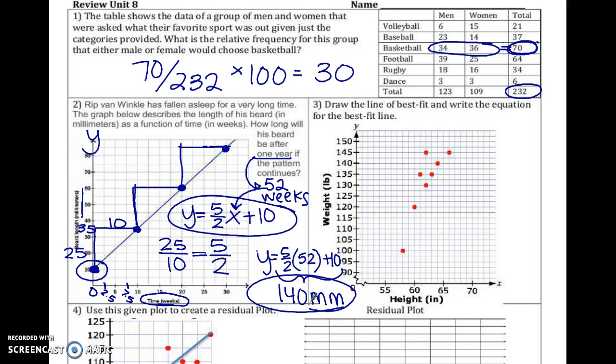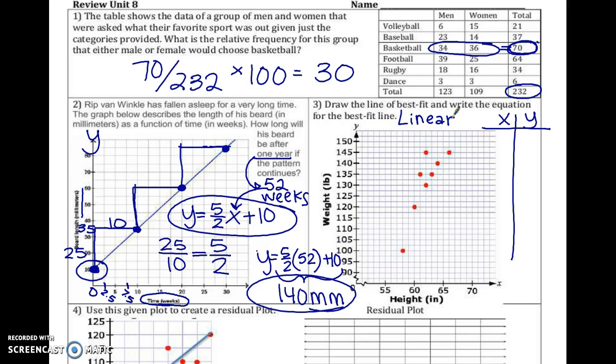Okay, number 3, draw the line of best fit and write the equation for the best fit line. So one thing that's really helpful to do, if I want the line of best fit, and notice these dots do look like it's going to be a linear line of best fit, not exponential or anything else.